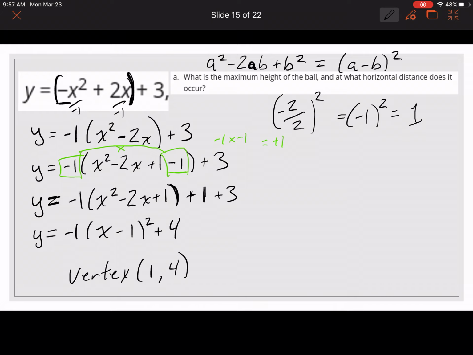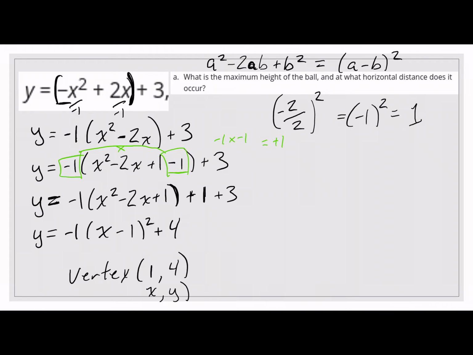So what does this mean in terms of our ball? We want to know the maximum height of the ball and the horizontal distance. So our x and our y: x is always horizontal distance, y is always going to be height. So the max height, and we were working in meters, is going to be 4 meters.